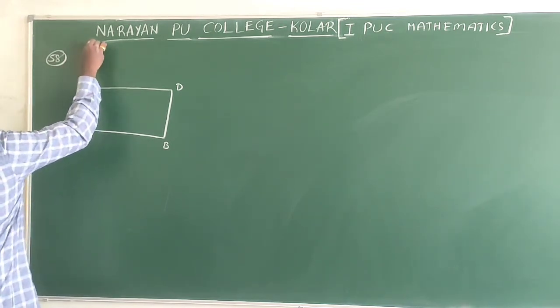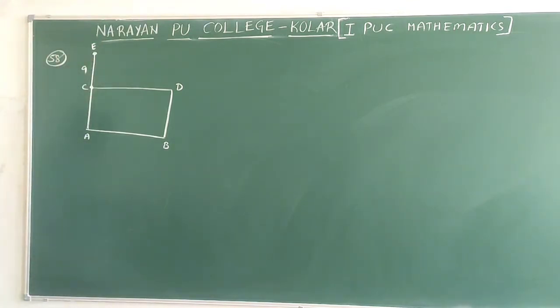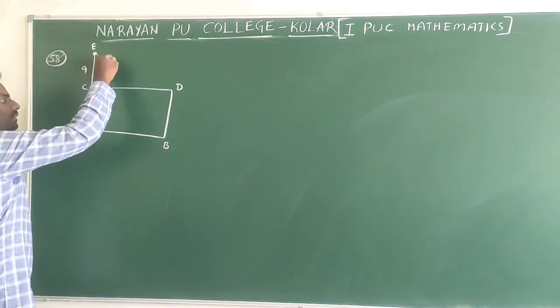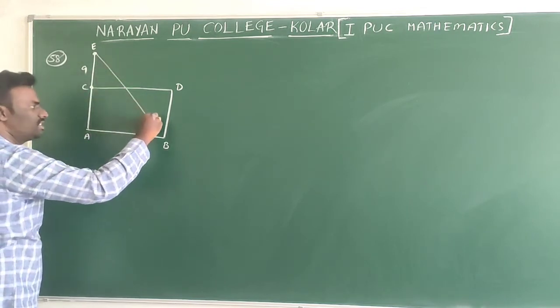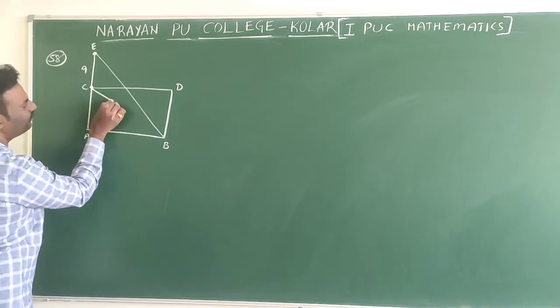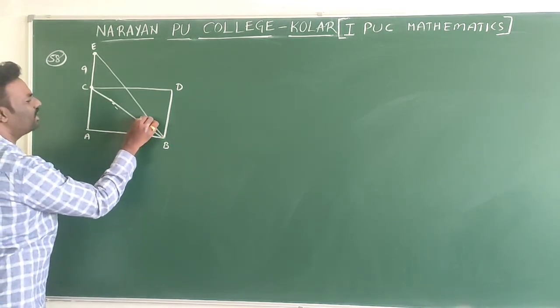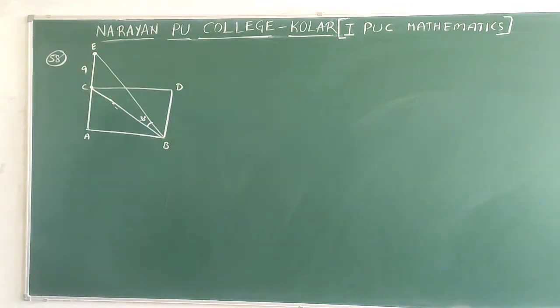You can take this as E. This is 9 meters. Next, the angle of elevation of its top from the farthest corner is 30 degrees. This B is the farthest corner. It makes an angle of 30 degrees with the top of the lamp post.